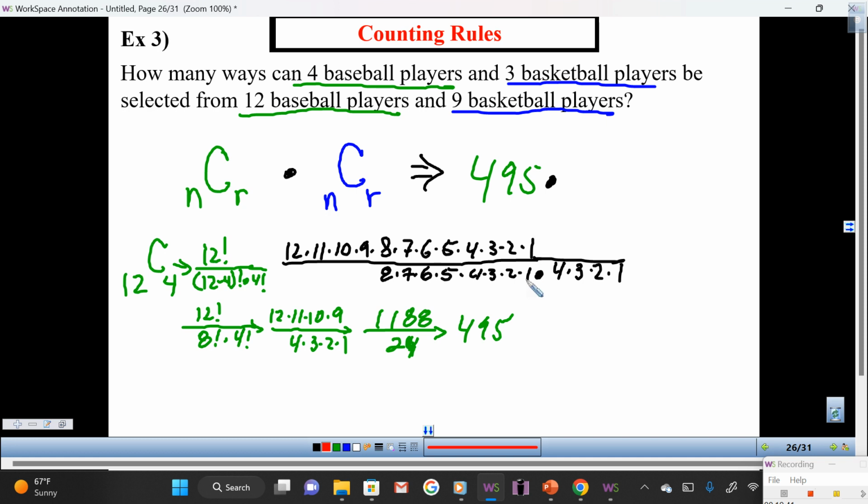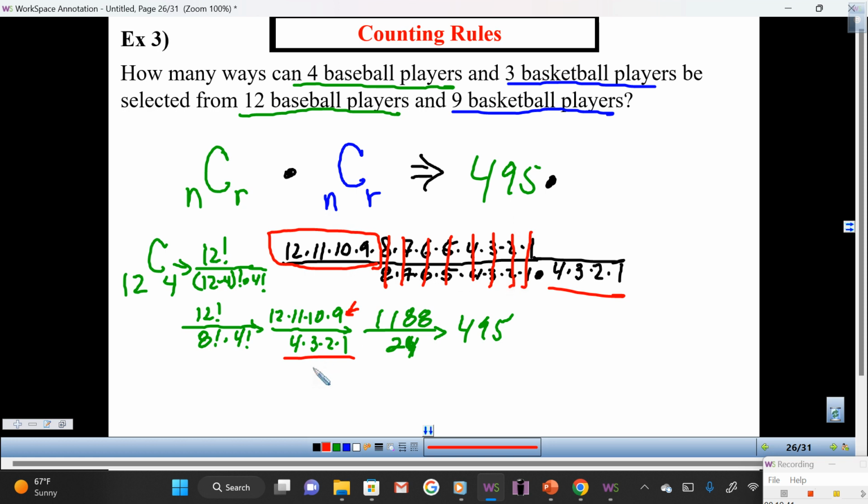Giant ones. What is 1 over 1? 1. 2 over 2? 1. 3 over 3? 1. What is 1 times 1 times 1 times 1 times 1 times 1 times 1? Still 1. And that leaves us with this, which is here, and this, which is there. Then you just multiply those to get that, and you divide it.